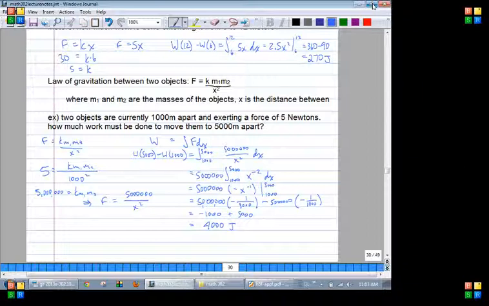Well, that's correct, but the issue is, so you start with just F equals K m1 m2 over x squared. You're starting with that law for force. Okay, great. The problem is, if you start doing the integral directly, you don't know K m1 m2, so you're not going to get a number answer. You're going to get an answer in terms of K m1 m2, which is fine if you know K and m1 and m2.